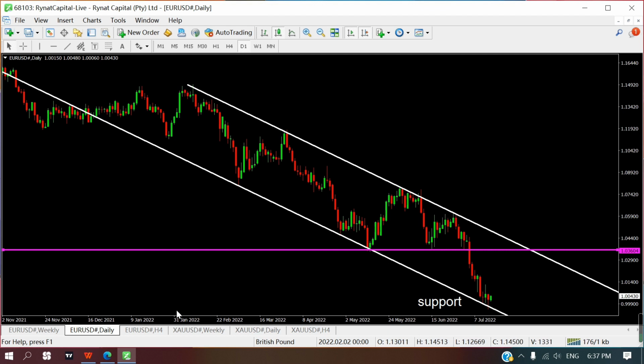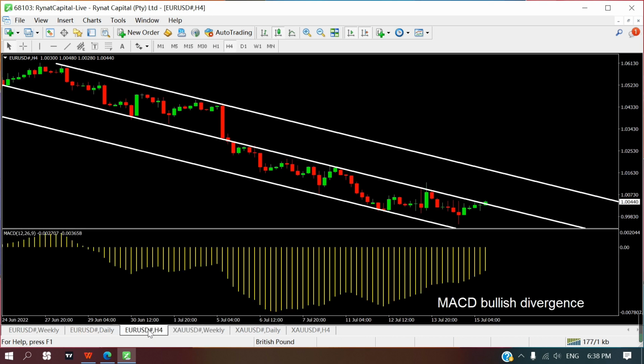So this is the daily chart. The price may rebound, but we check the 4-hour chart to see if it is true. So we go to the 4-hour chart, and we see the price is still in a bearish market. That's right, but see here, the price broke upward the lower trend line, right?